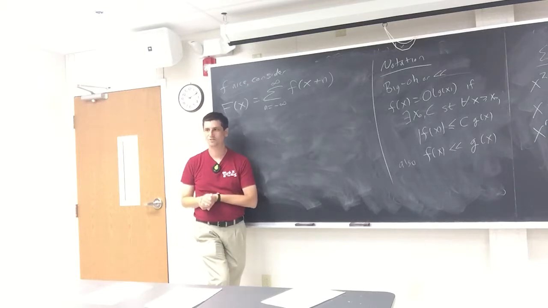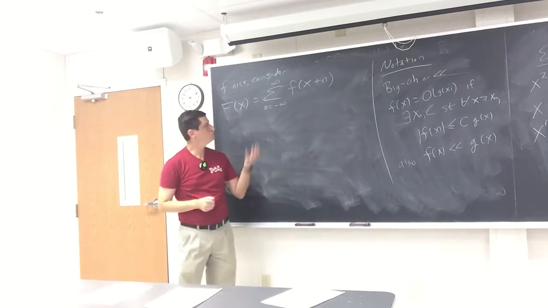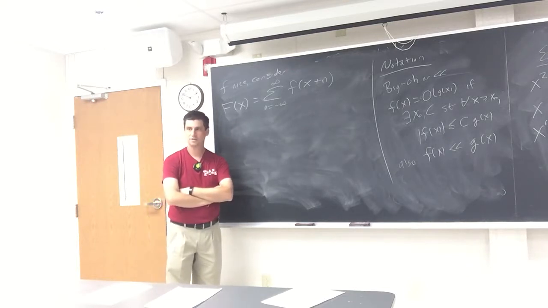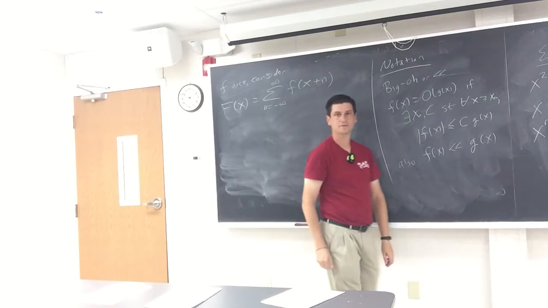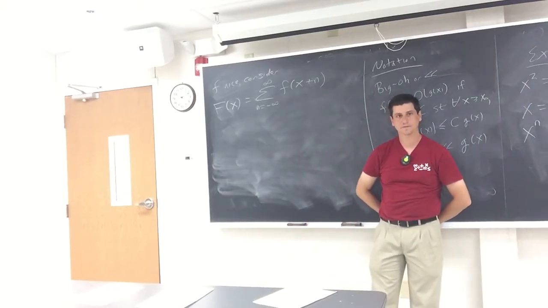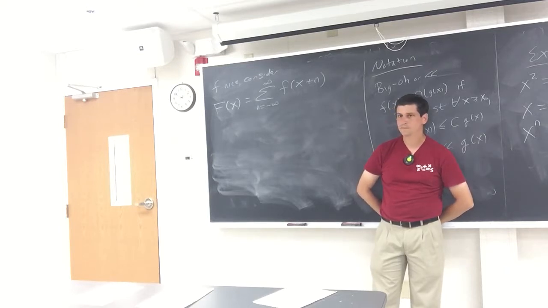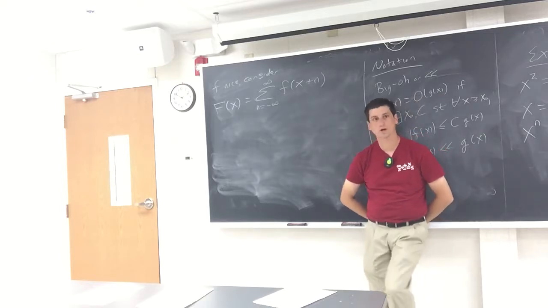What can you tell me about this function? What would be true about this function? Any thoughts about nice properties? We're talking about trying to get something on 0, 1.